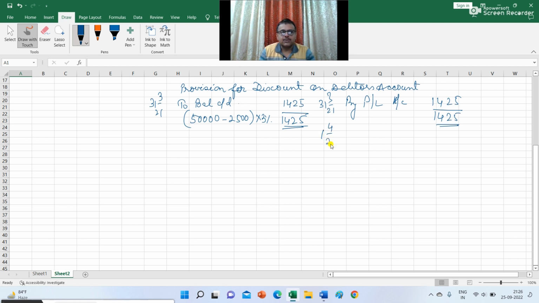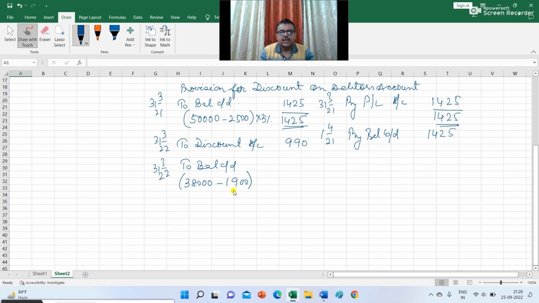Now on 1st April 21, the opening balance in the provision for discount account is 1,425. Now it is given that on 31st March 22, the amount of discount allowed to debtors is rupees 990. And on 31st March 22, the required amount of provision for discount on debtor will be 38,000 is the balance of debtor minus 1,900 is the provision for doubtful debt into 3%.